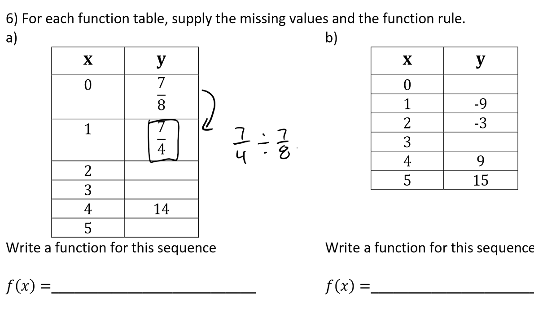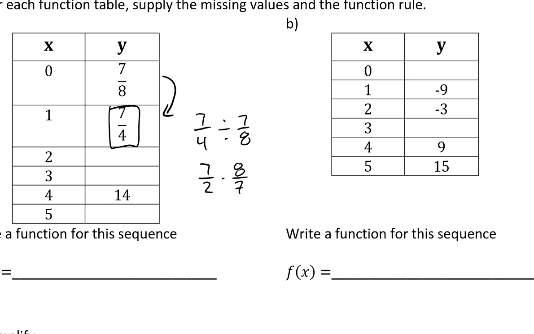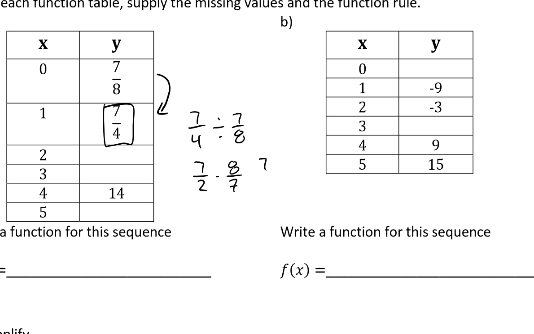If you remember how we deal with division of fractions, this is equivalent to 7/2 times 8 over 7. If I write this out, I've got 7 times 8 over 2 times 7. There is a giant 1 here in the form of 7 over 7. So that's gone, and I'm left with 8. Uh-oh. I'm left with 8.